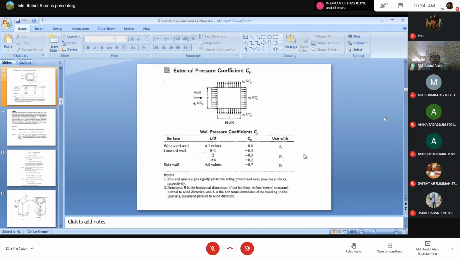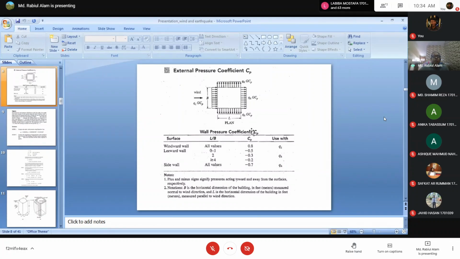Now in this table, one more thing is also seen, that is the negative sign. What does that negative sign mean? The negative sign indicates suction pressure. Just put this negative value and it will automatically show the suction.